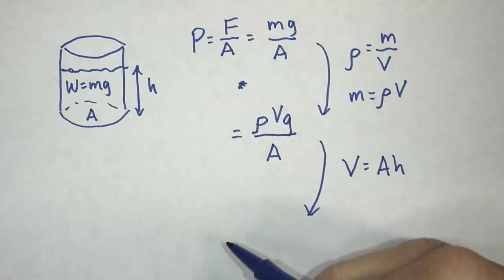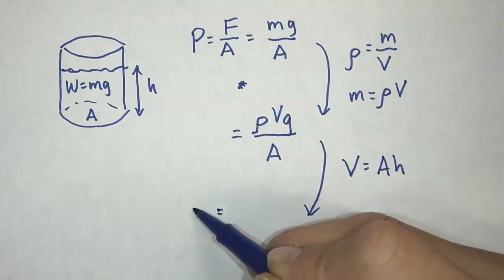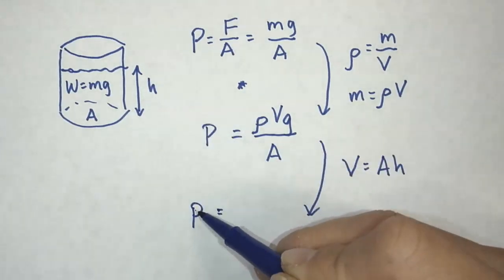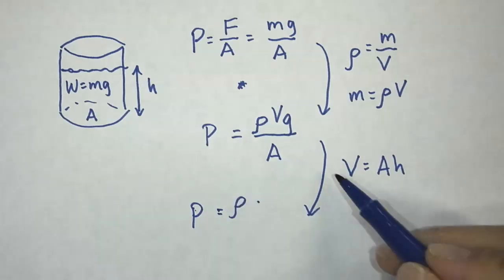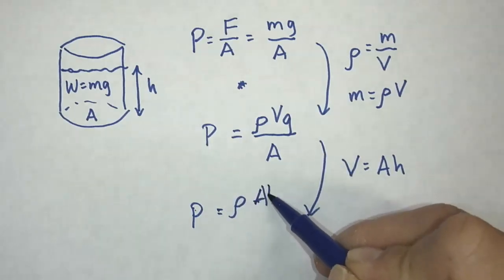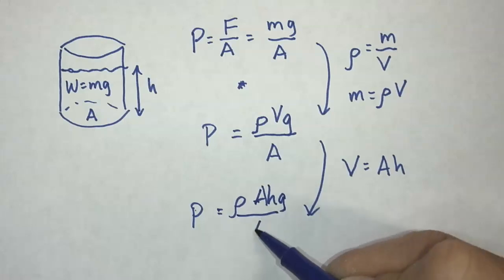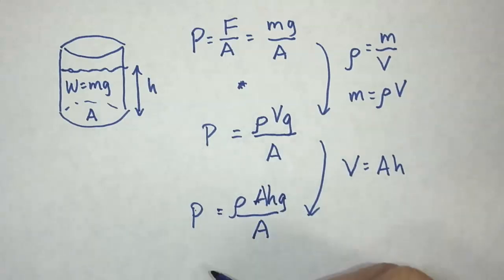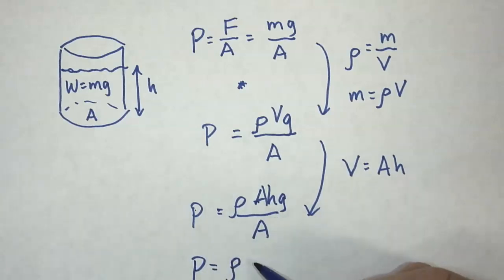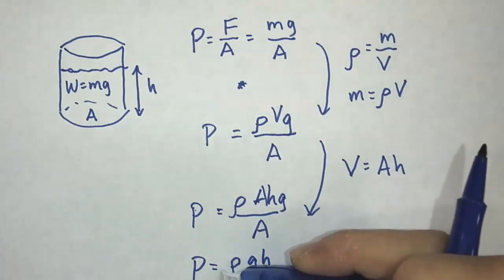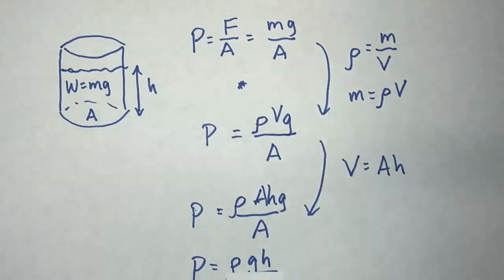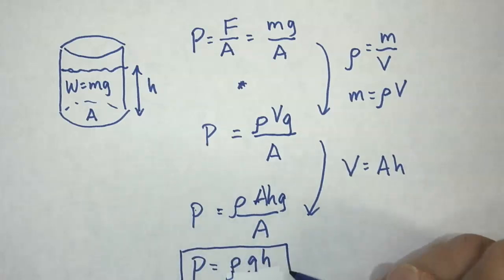And if I plug that in there, I get that the pressure is equal to rho, and then V is AH, so rho AHg over A. You'll see that the A's will cancel out, and that leaves us with just rho gh. Keep that. So that's our equation here for pressure.